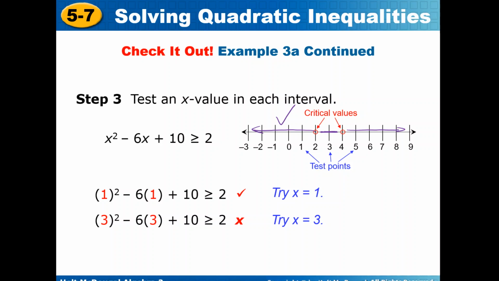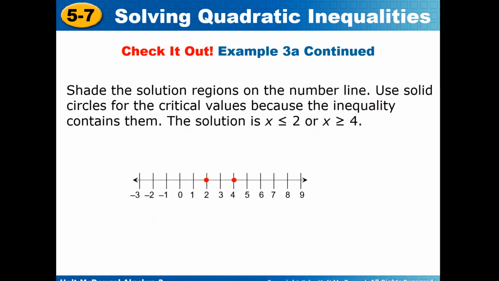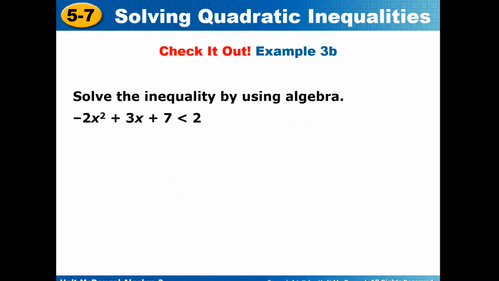For the middle, they tested 3, and so you put an X in there, and then the last one, 5, turns out to be true. All right, so now that we know that, we can shade in the correct areas, which are right here. So the solution is right here.